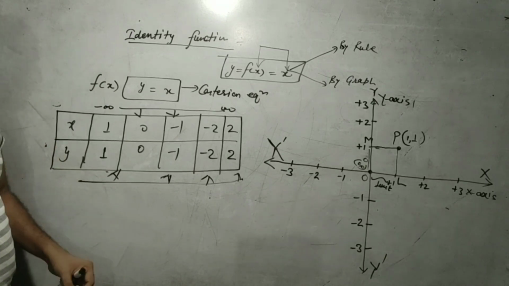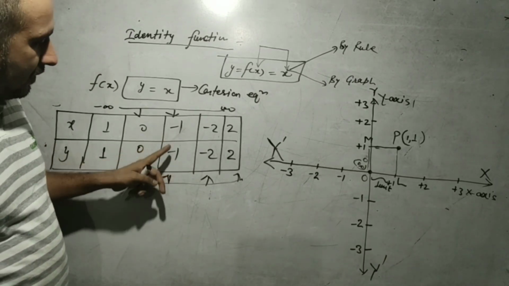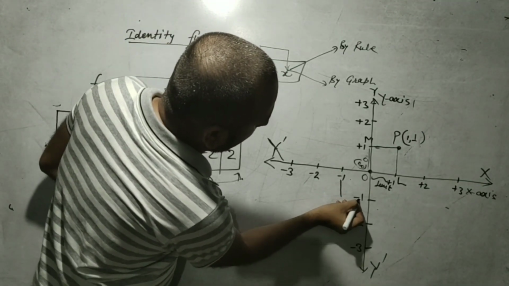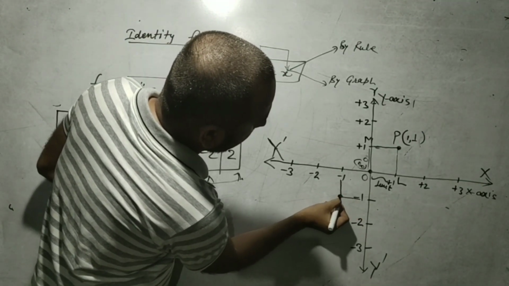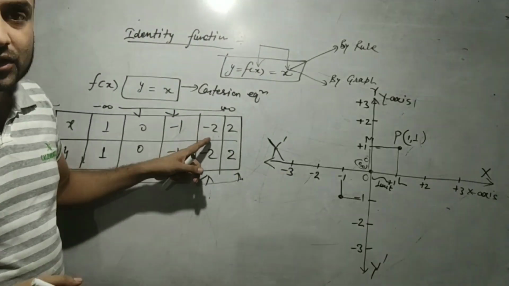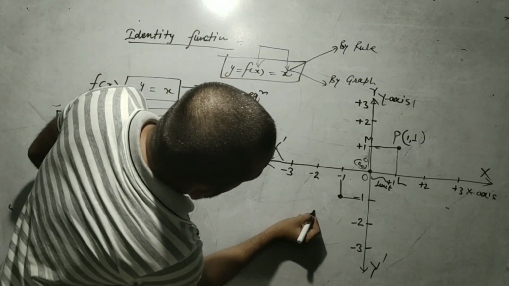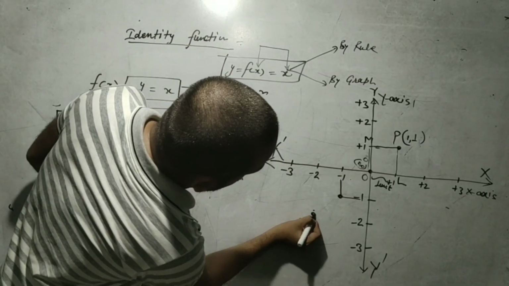The next is, when x is equal to minus 1, y is also minus 1. Similarly, we will locate the point here. After that, if x is equal to minus 2, y is also minus 2. It will lie here.